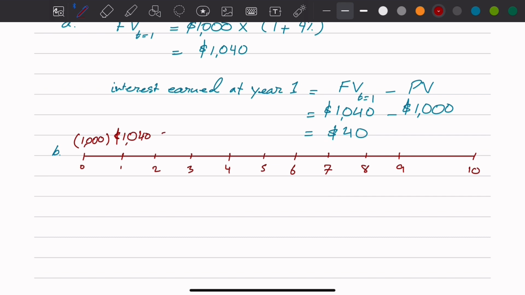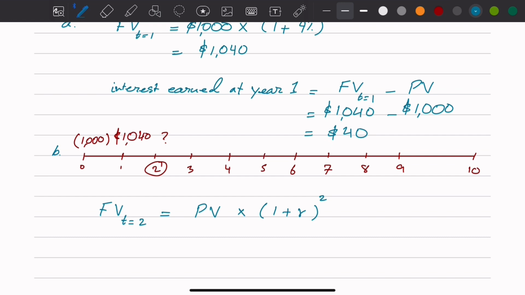Now we want to see how much the amount will be right here in year 2, and then again we'll take the answer from here and subtract it from the initial value, or the value at the start of the second year. Okay, so again, I'm going to use the same formula, future value, but this time for t equals 2, it's going to equal the present value multiplied by 1 plus r to the power of t, which is 2 in this case.